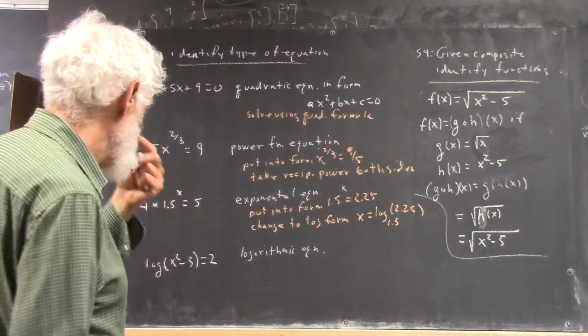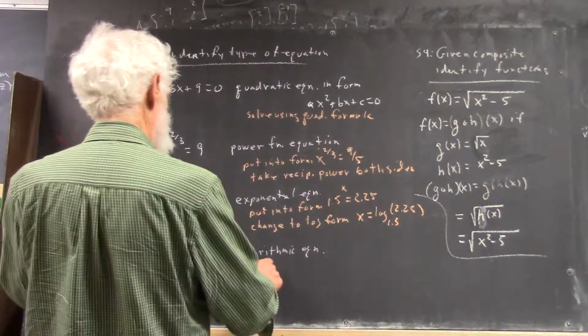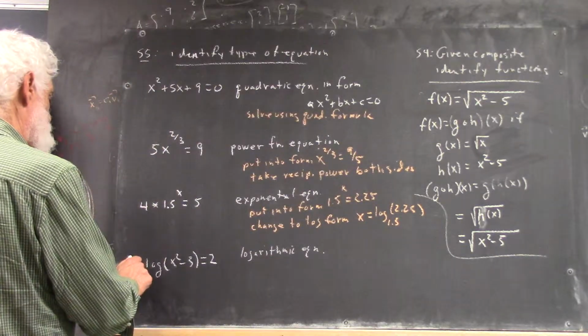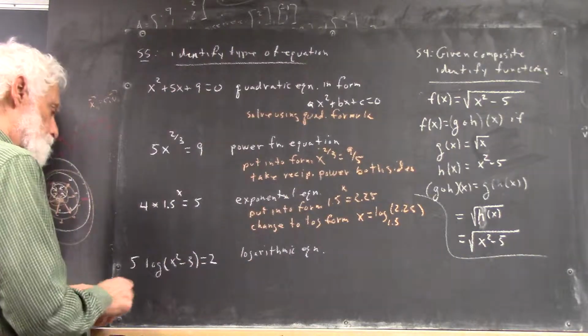For a logarithmic equation, let's be a little more inventive here. Let's have 5 log of x squared minus 2.